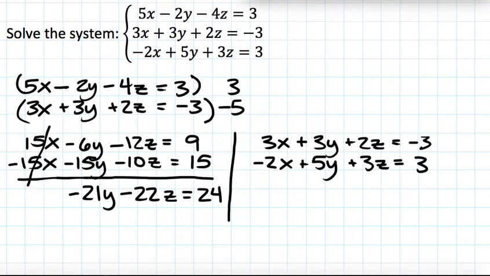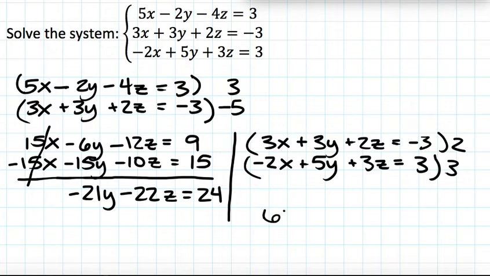So to eliminate x with this pair, I see that I'm going to want to multiply the top equation by 2 and the bottom equation by 3. Note that I already have a negative sign in front of one of the equations, so I don't need to make one of them negative, because they're going to cancel out if I multiply both of them by positive numbers.